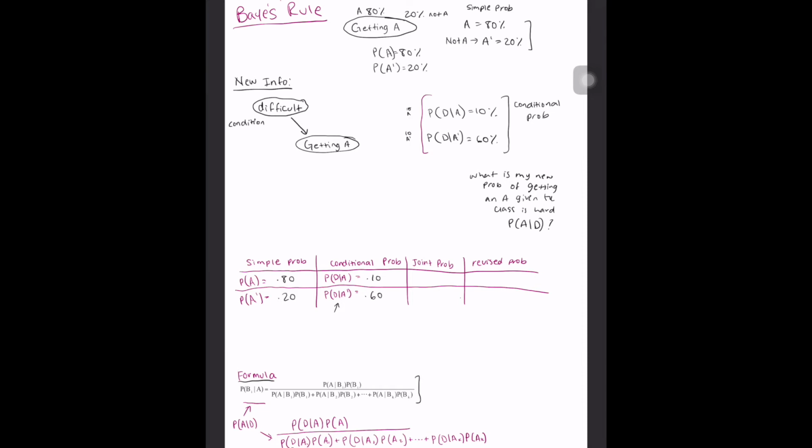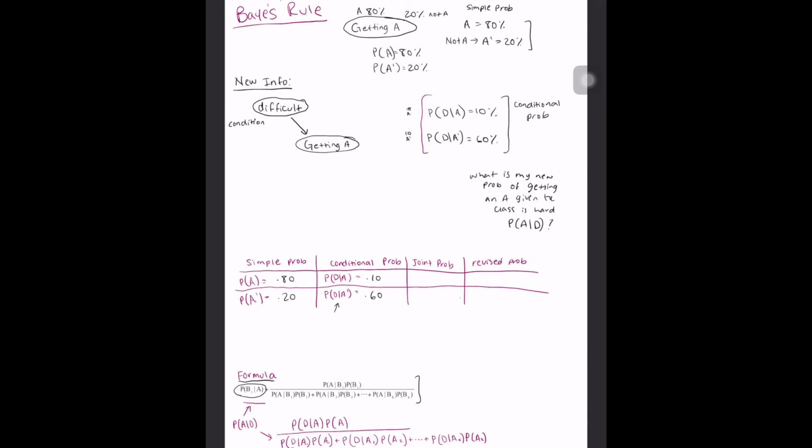The first thing we want to do is change all of our variables to be correct. So I replaced all the B's with A and all of the A's with D's, because this is what we're trying to find out. And so we see that here in this formula.